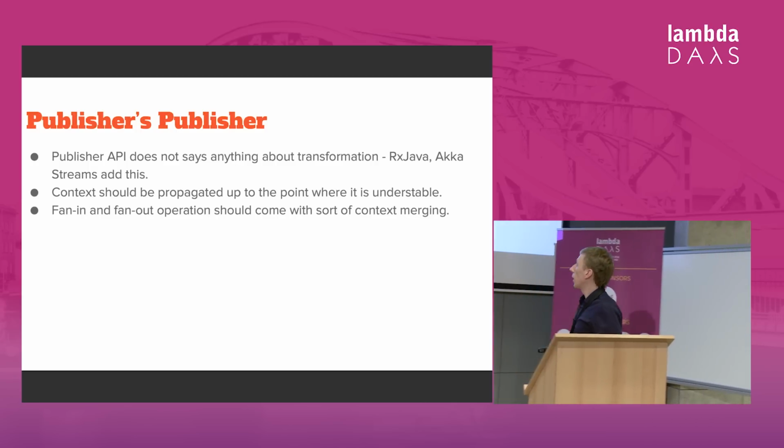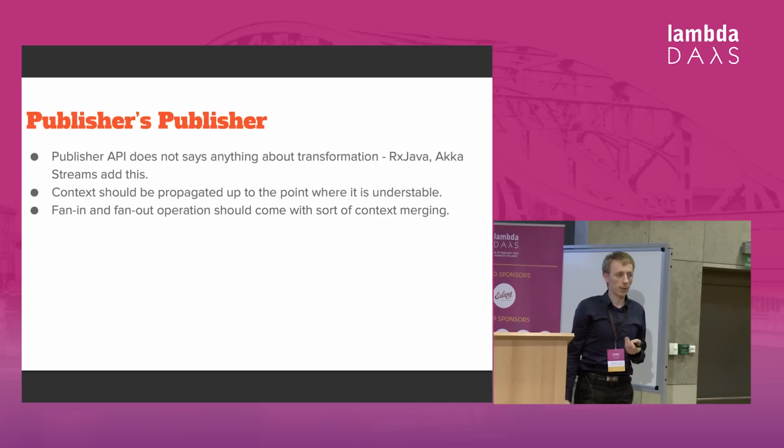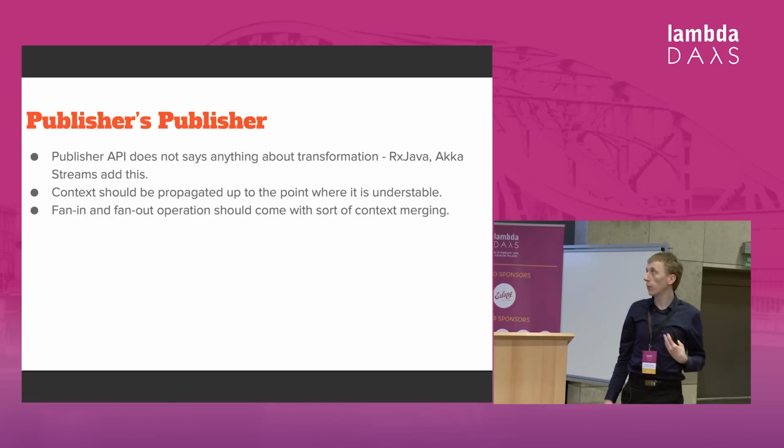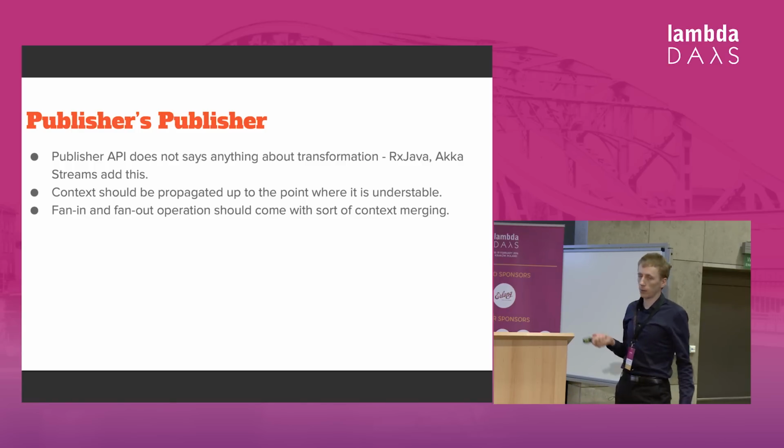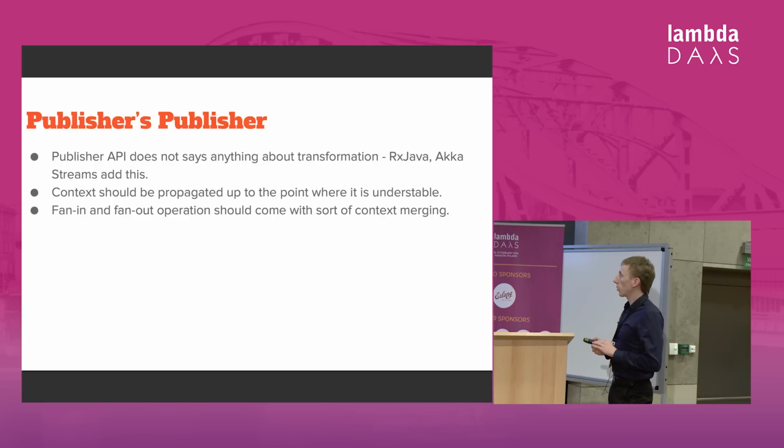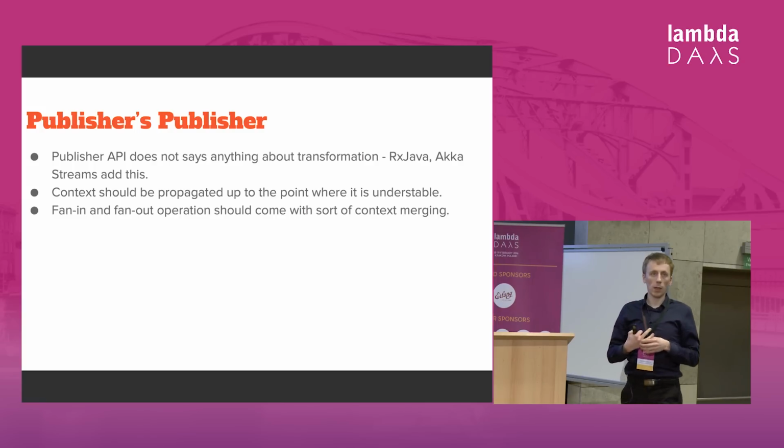And for the publisher API, frankly speaking, the publisher API doesn't say anything about transformative functional operations and so on. It's where the RxJava stream adds that. But probably you would like to have something similar. My basic assumption is that the context should be propagated to the point that it's understandable. So there are some operations like map that could sort of ignore this concept.